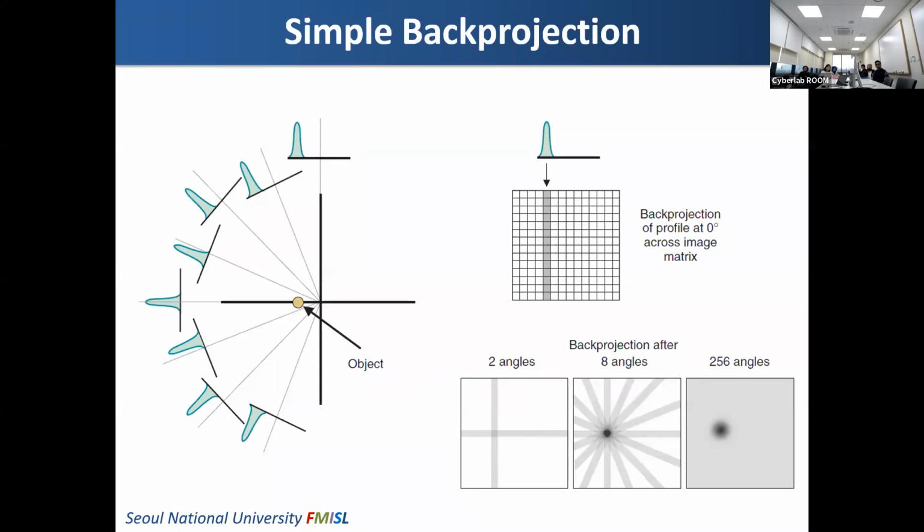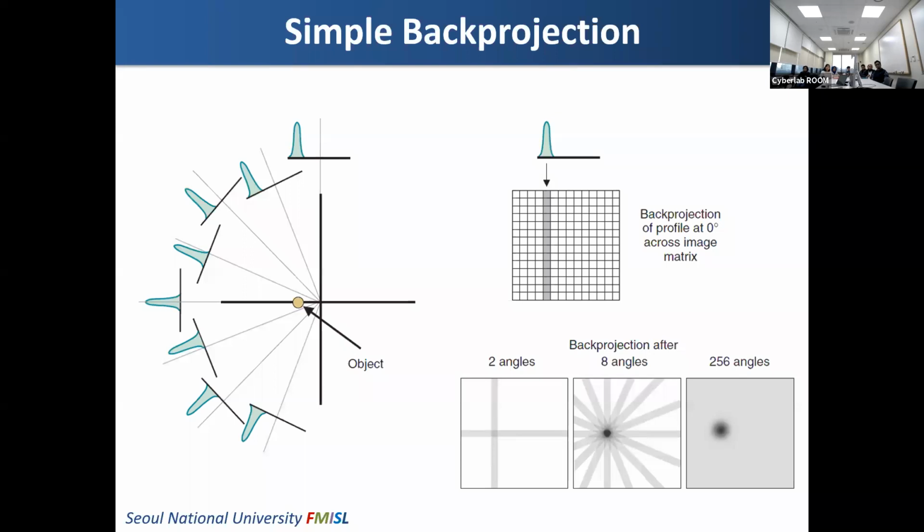But if we add one more back projection, only these pixels will have twice higher pixel value than the other pixels on this line. So we can figure out where the point source was. And if we add more back projection lines, we get a better result.